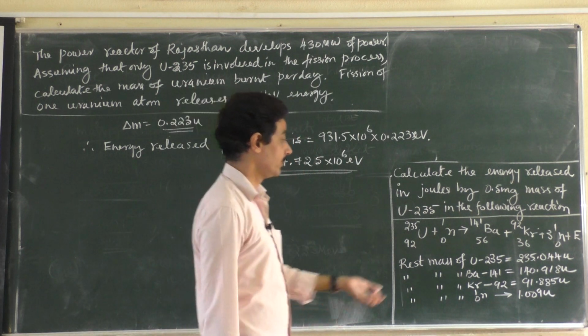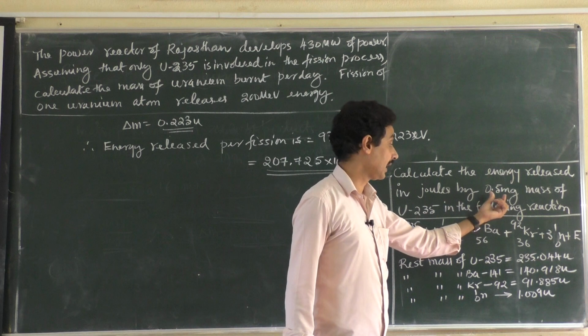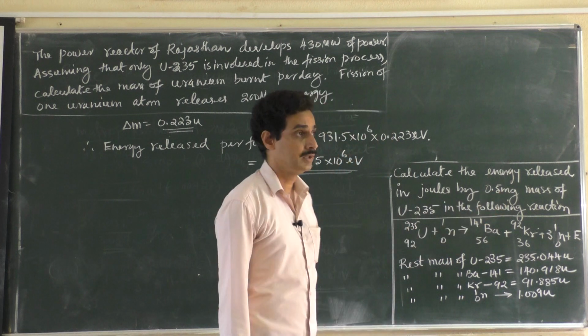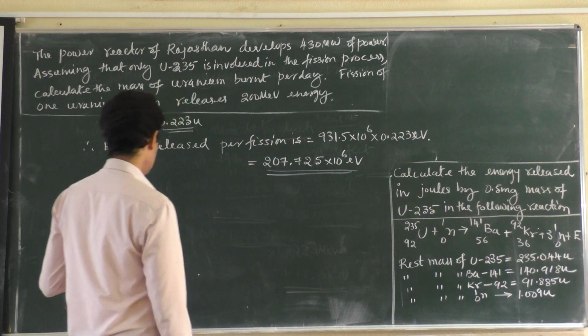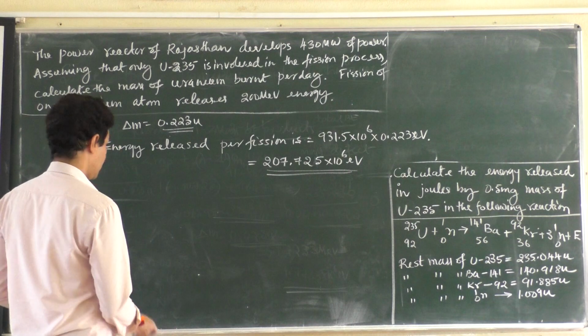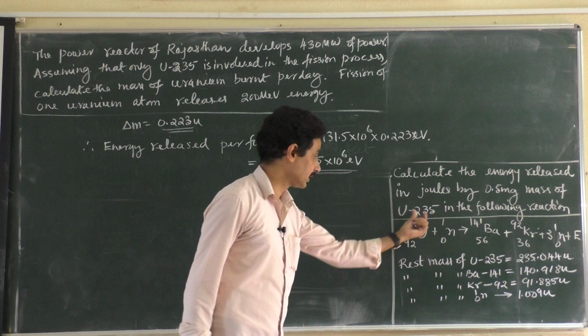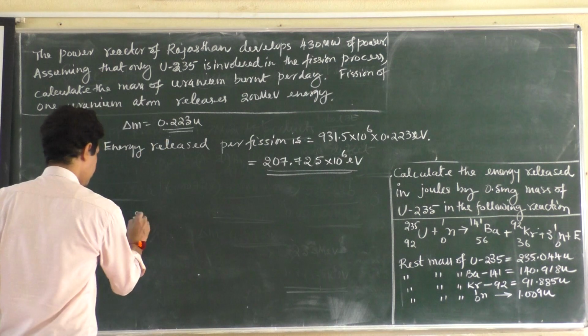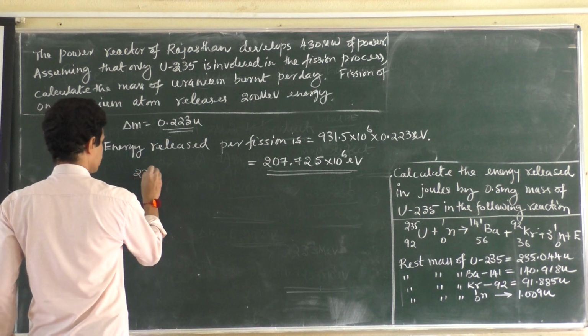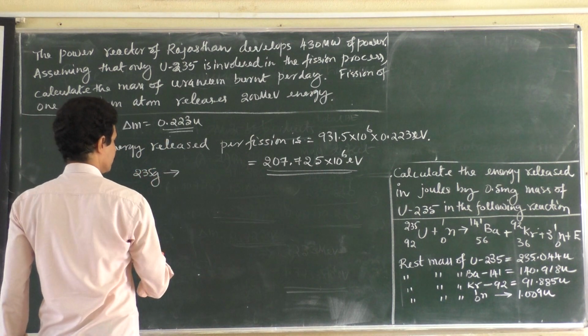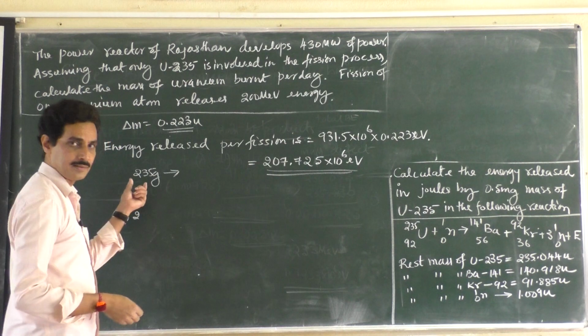So how do we calculate the number of atoms in 0.5 milligram of uranium? How much is the mass number? 235 gram of uranium is 1 mole.